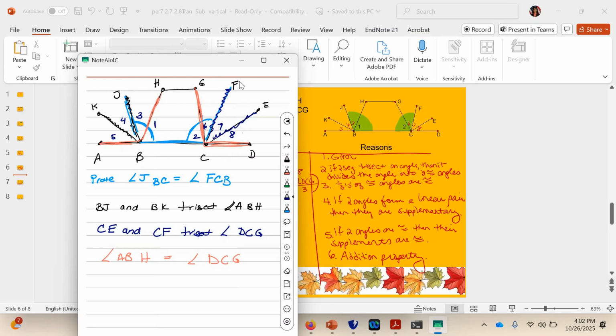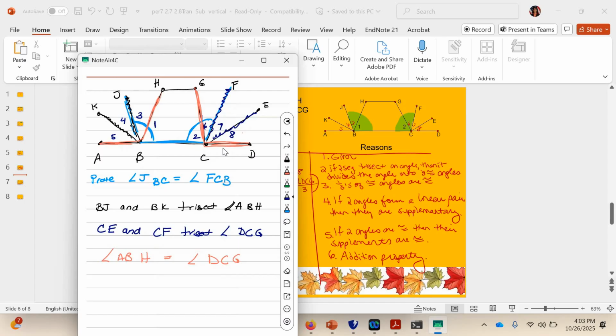Well, if you look at what I'm supposed to prove, that blue angle JBC is equal to angle BCF, I already have that angle number 3 and angle number 6 have to be the same measurement because they're part of the trisection. The left side is exactly identical to the right side.